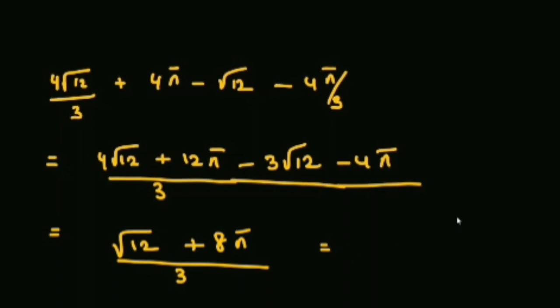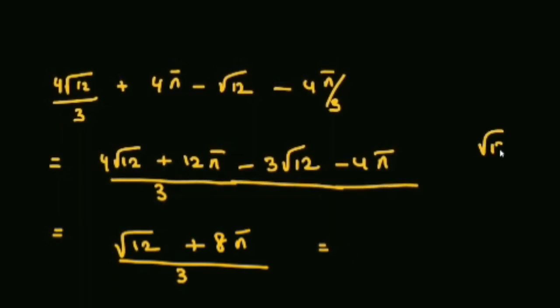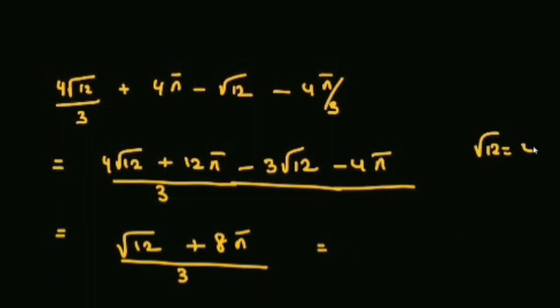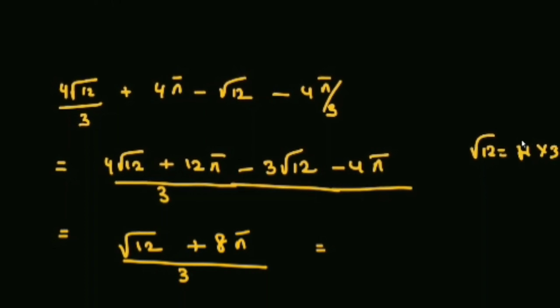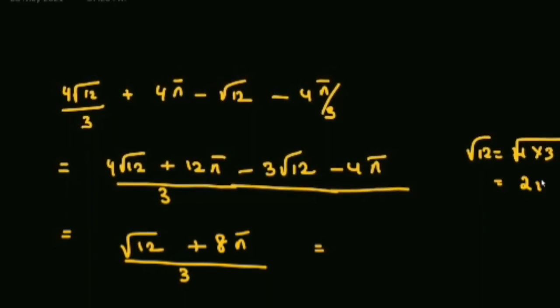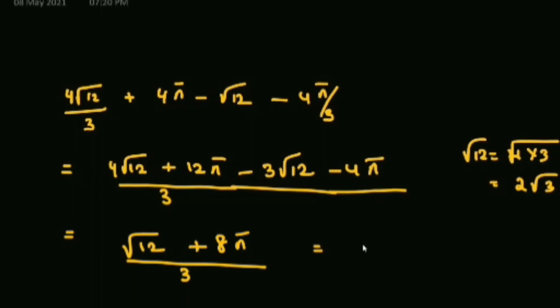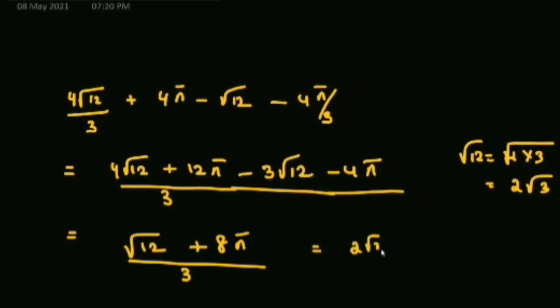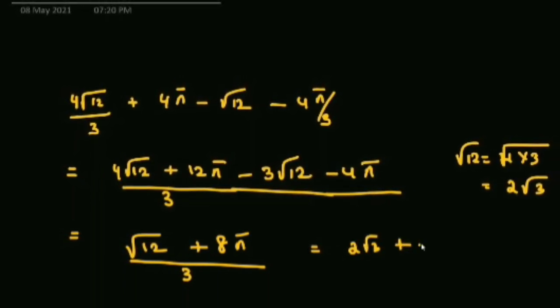So this is the answer, but root 12 we can write as root 4 into 3, that is 2 root 3. So it is equal to 2 root 3 plus 8 pi by 3.